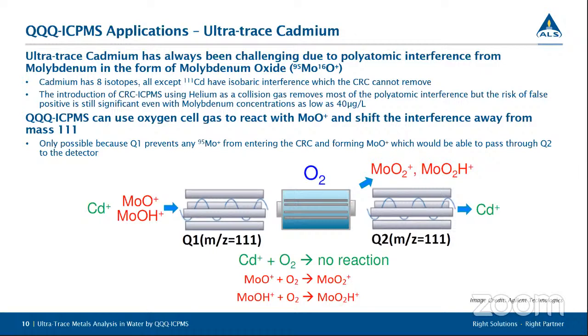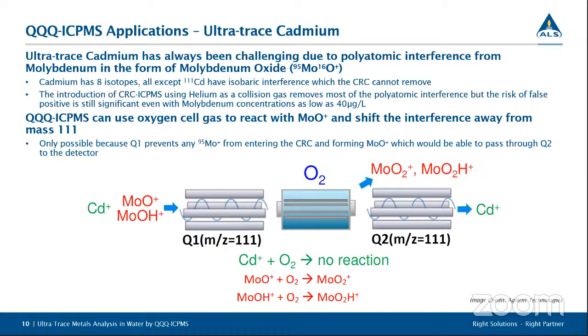Standard collision cell ICP-MS cannot separate 2 monoatomic isotopes with the same mass to charge ratio. For example, the 2 major isotopes for cadmium are cadmium-112 at 24% abundance and cadmium-114 at 29% abundance. But both of those are overlapped by isotopes of tin. So if you had any tin in your sample, those 2 masses would show a high bias.